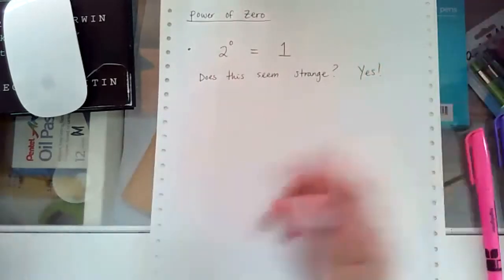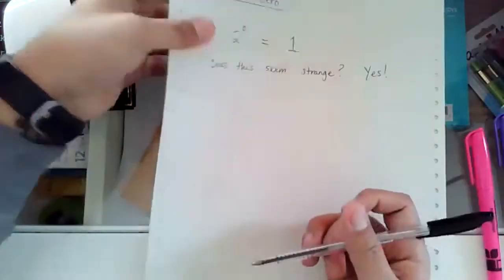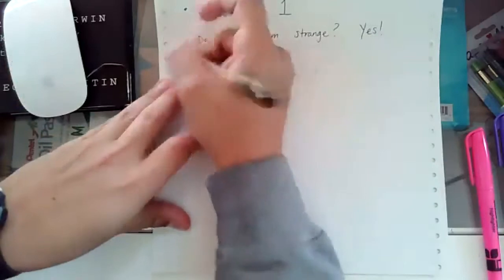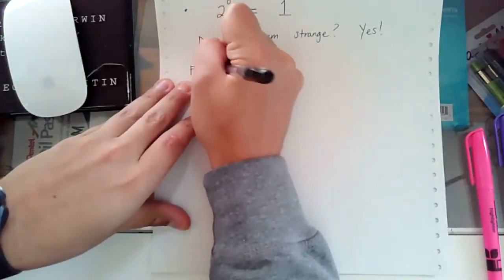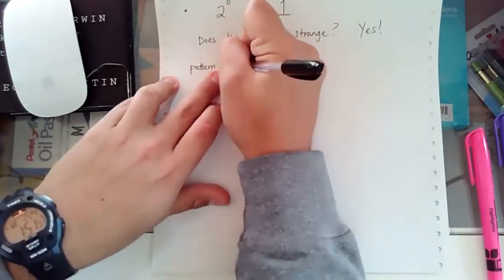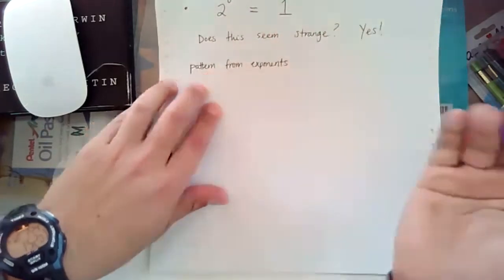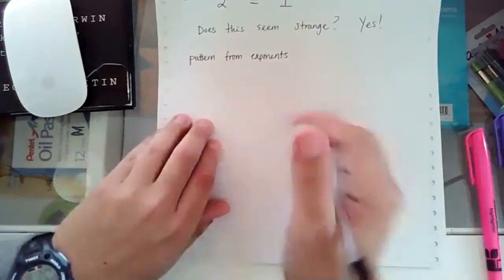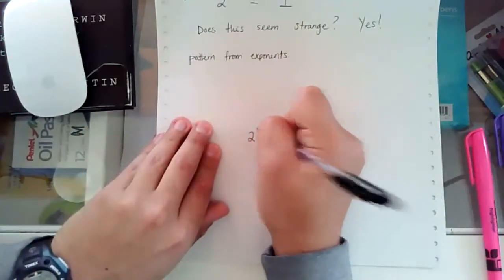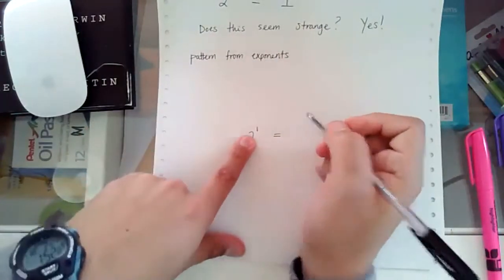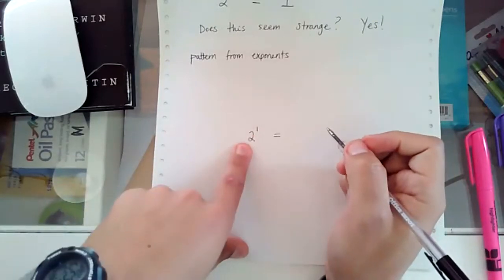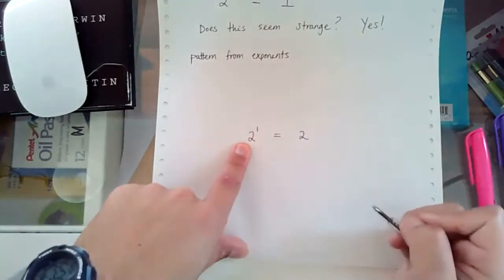So let's explore the exponents for a little bit and think about this pattern that we can get from the exponents. Well, for our positive exponents, or our integers, we said that if we had 2 to the 1 power, the exponent tells you how many copies of 2 to write. So we just write it once.